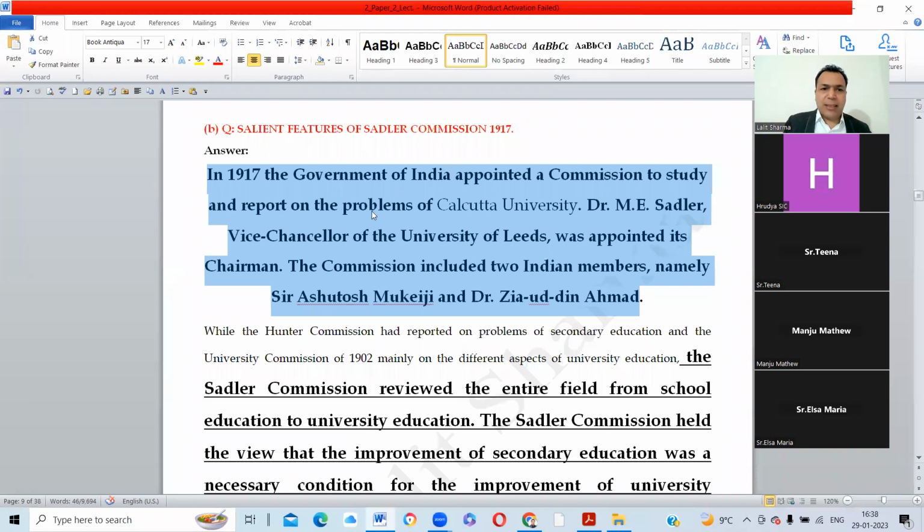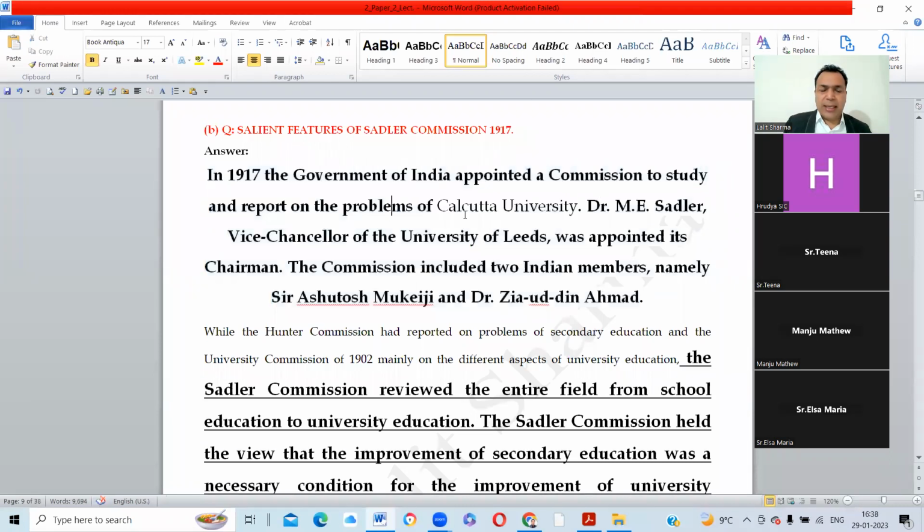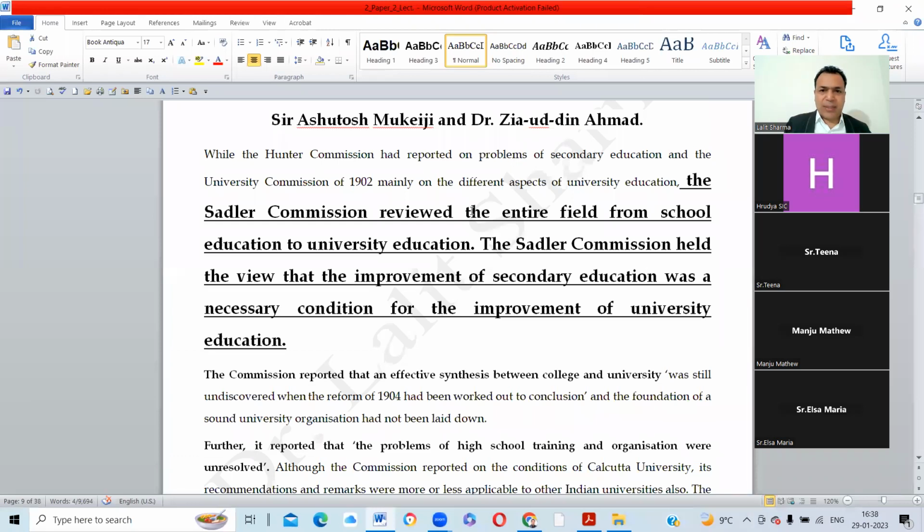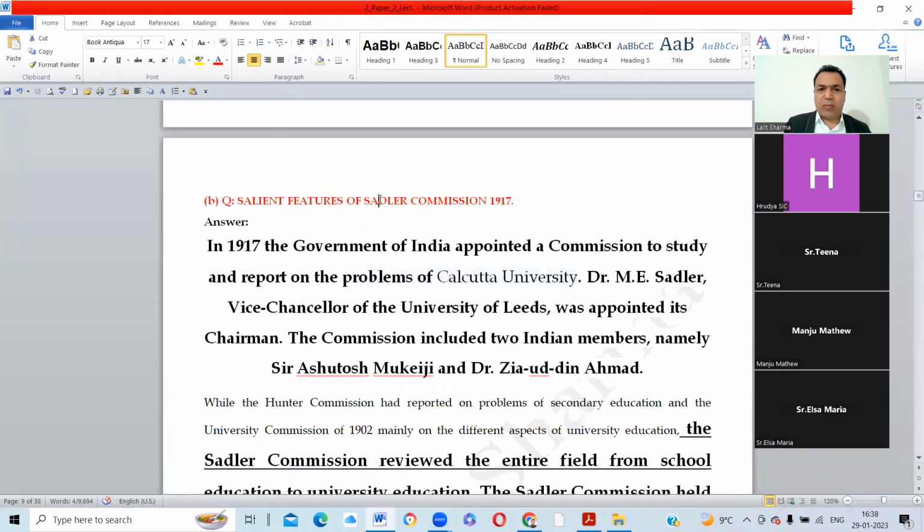So the Sadler Commission basically talked about the problems of Calcutta University, right? And the commission included two Indian members, namely Sir Ashutosh Mukherjee and Dr. Ziauddin Ahmed.